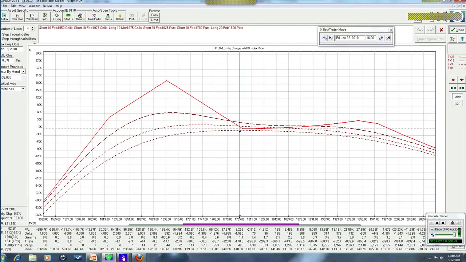What I did here was I just added a calendar way up here because I wanted to protect. If you got a real big snapback, I wanted to start protecting this side of my graph. In other words, you see that I'm leaning short. My idea is that the market's going down. That's my profit zone. But at the same time, I don't want to lose very much if I'm wrong, if any.